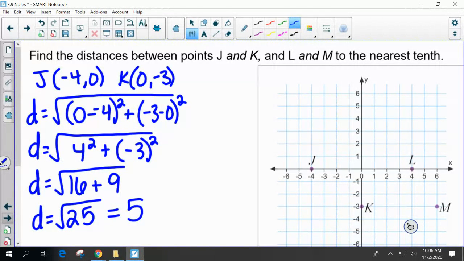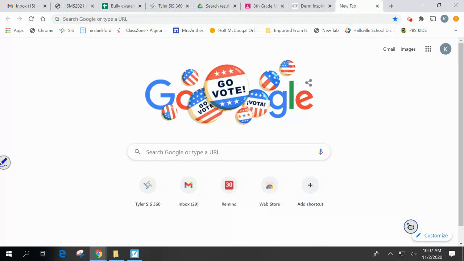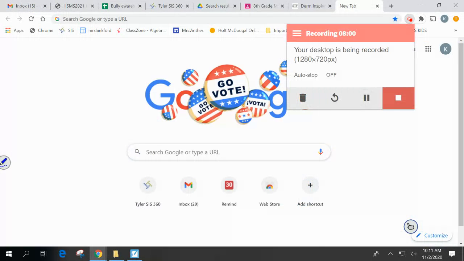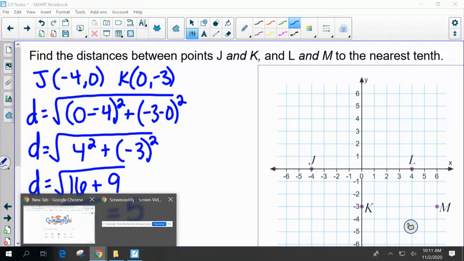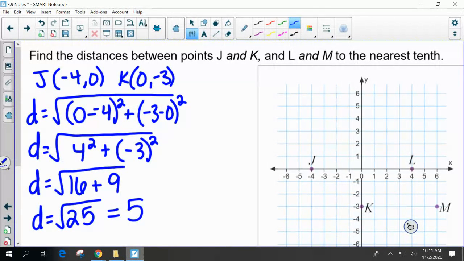Okay, so I want you to write down the coordinates of L and M and go through the distance formula on your own. So you'll need to pause your video and go through that problem. All right, so my coordinates for L are 4, 0, and for M, they're 6, -3.